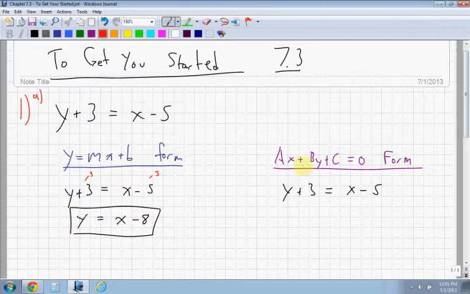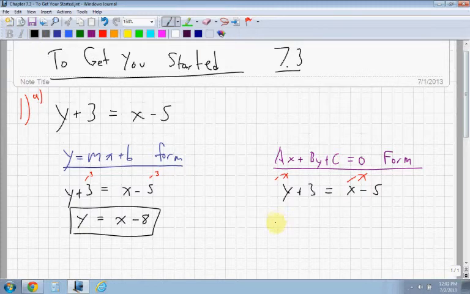To get it in standard form or general form, what I want to do is get everything to one side and set the other side equal to 0. It doesn't matter which way you move things. You can move things to the left or move things to the right. I'm going to move things to the left just because. So the first term is my x term first, so I want to get rid of my x term on this side first, so I subtract it off. Gets rid of it. Next thing I do is I have to subtract off my x term on my left side.